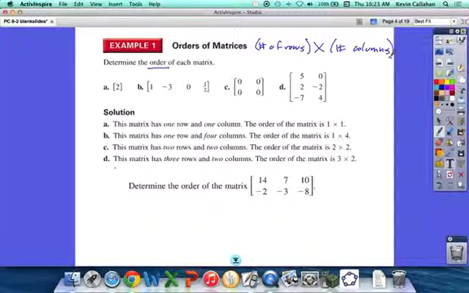So these are their examples. For the first one, how many rows and how many columns? There's one row and one column, so the order is 1 by 1. That's how you write the order.